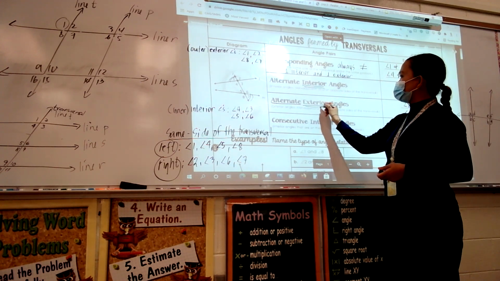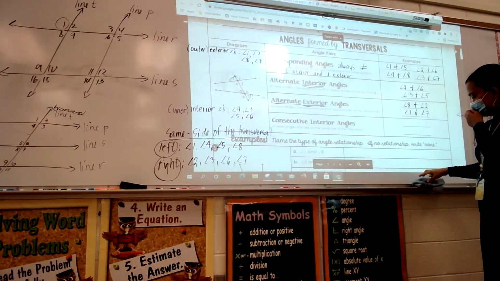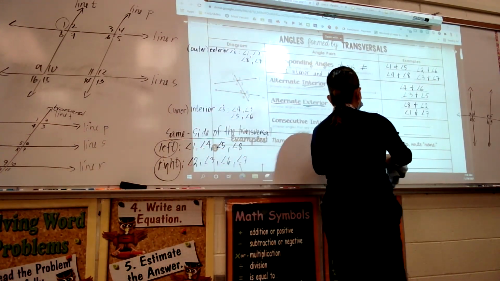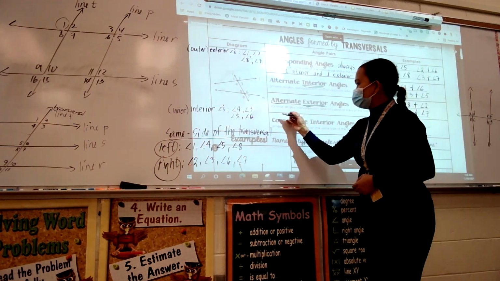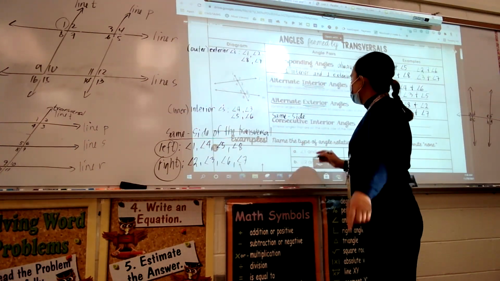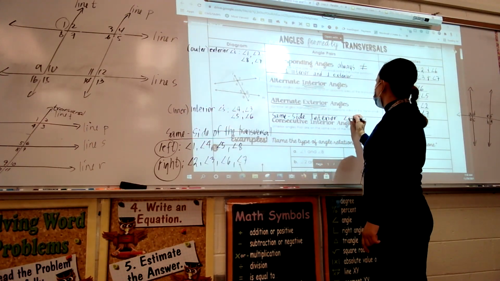These are both exterior. So what about consecutive interior? Now, when I say consecutive interior, this is also known by the word same. You write there: same side interior angles.